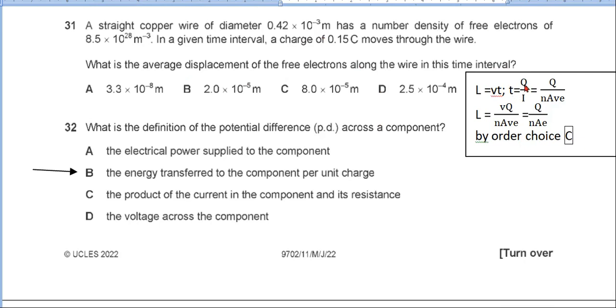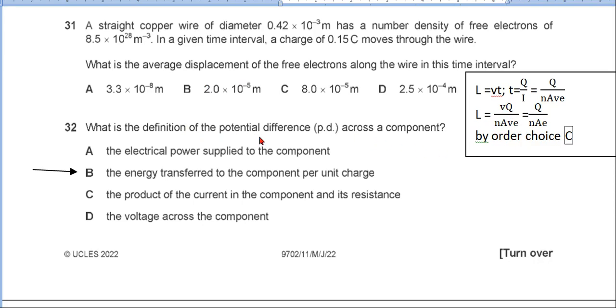Time can be found from charge divided by current. For current we have a special formula with number density. So as a result we get choice C. If we calculate, v disappears, and all the rest we know.